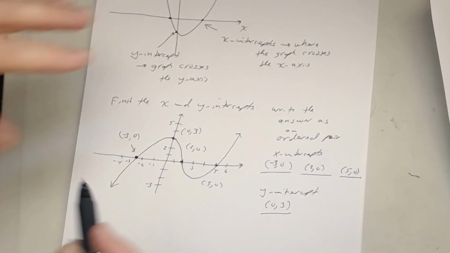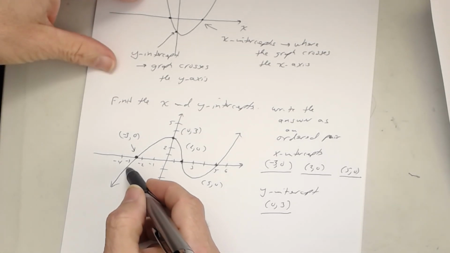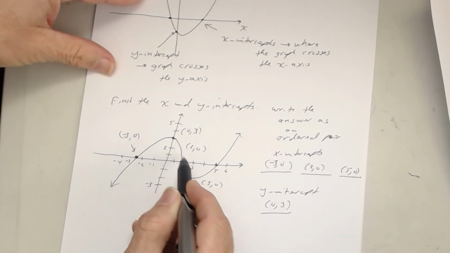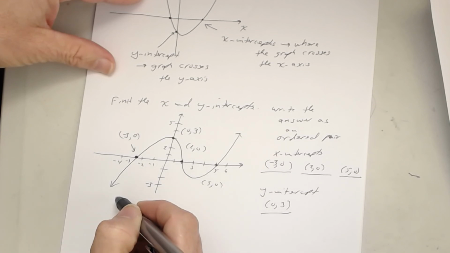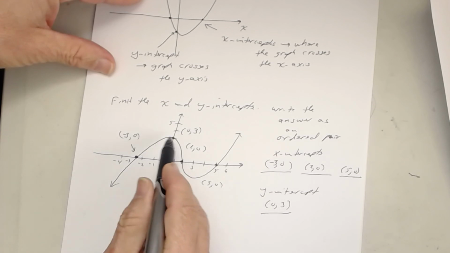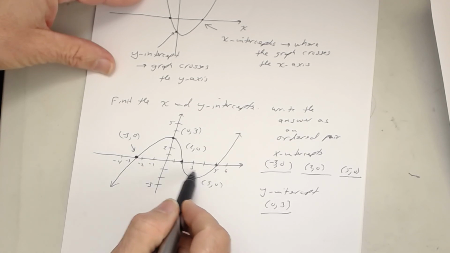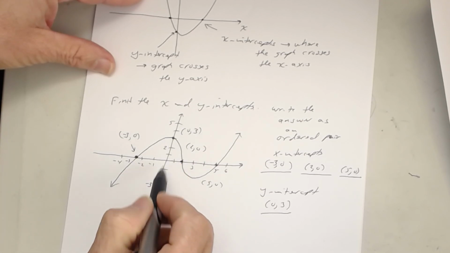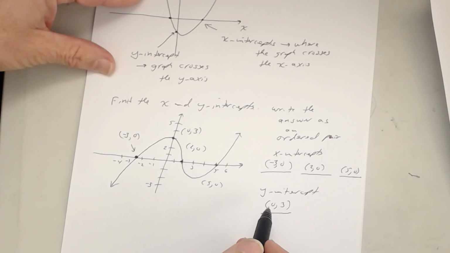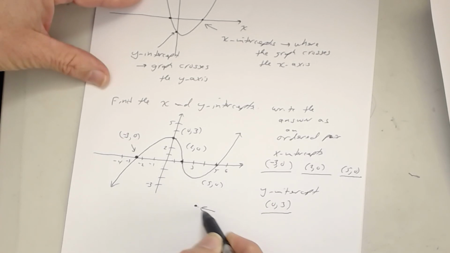Okay? The other thing you have to remember is that any point on this graph is called a solution. How many solutions are there? An infinite number. How many X-intercepts are there? 3. How many Y-intercepts are there? 1. Is this a solution right here? No, not a solution.